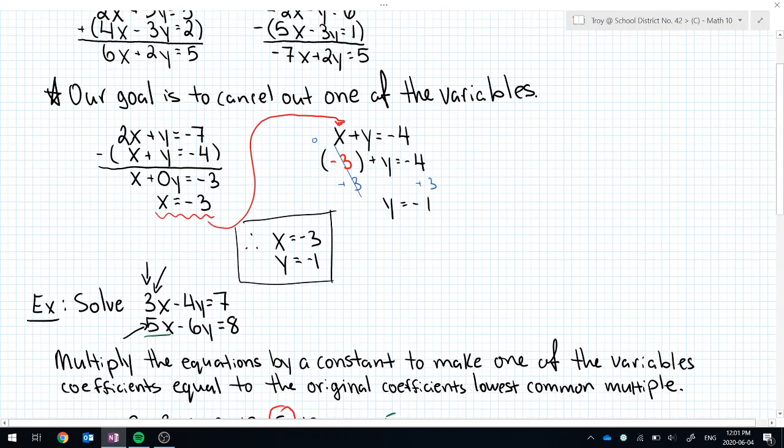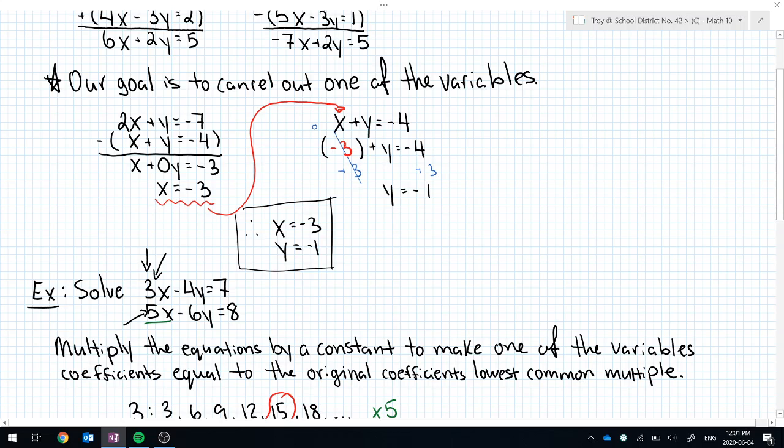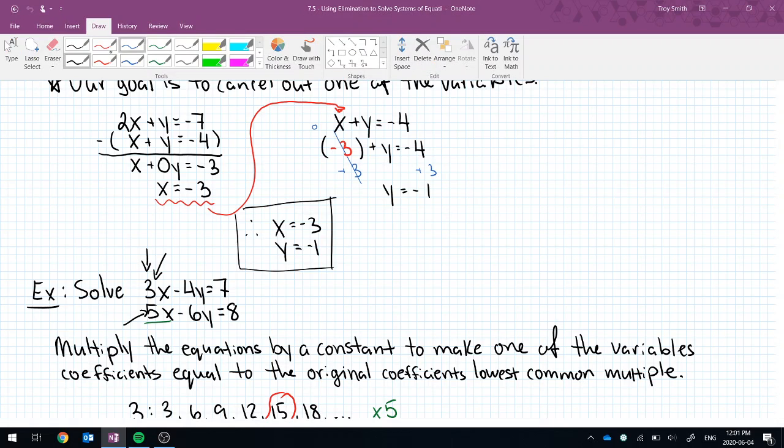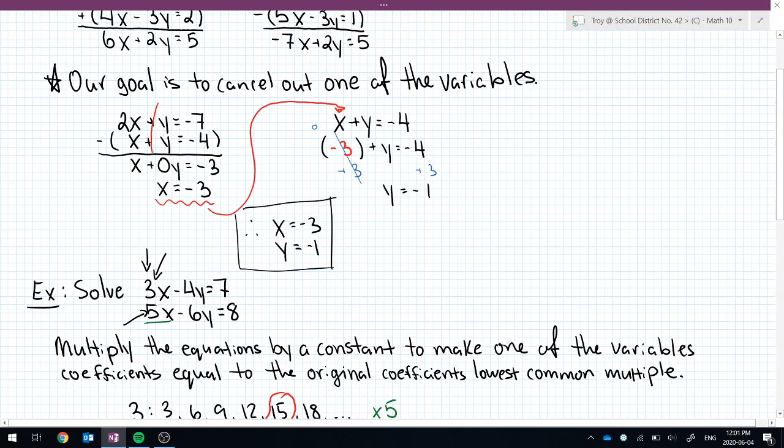So our goal here is to have something like this where the coefficients of one of our variables are equal, so that when we subtract them or add them, they can cancel out and we're left with only one variable that we can just solve for, and then after that we can substitute in to find the other one.